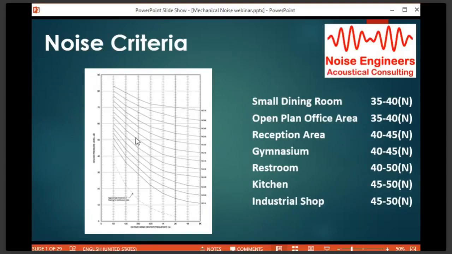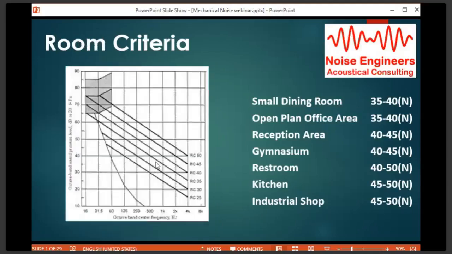Wherever the highest octave band touches, that's your NC curve. I mean, it's kind of related to A-weighted, but you could see the difference. If you had octave levels that follow this curve, the A-weighted level might be higher than if just one touched and everything else is real low. So it could vary somewhat from the A-weighted levels.